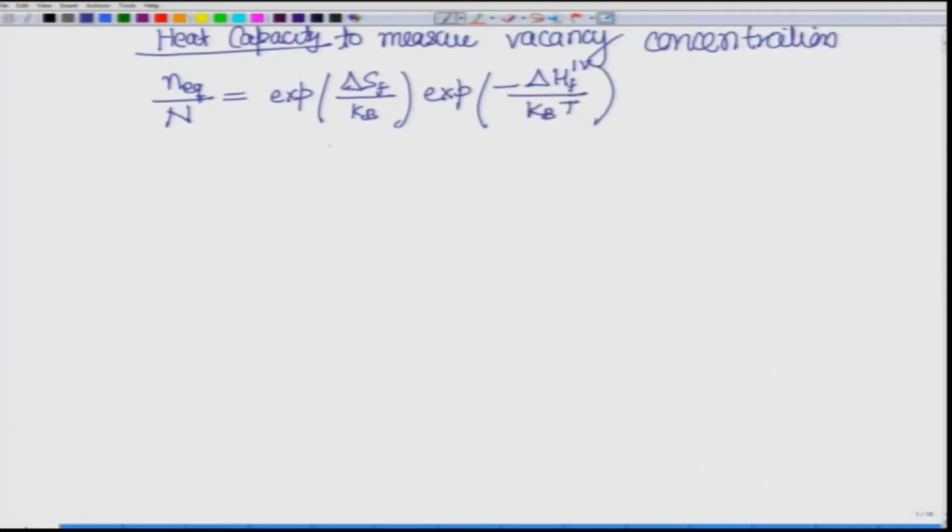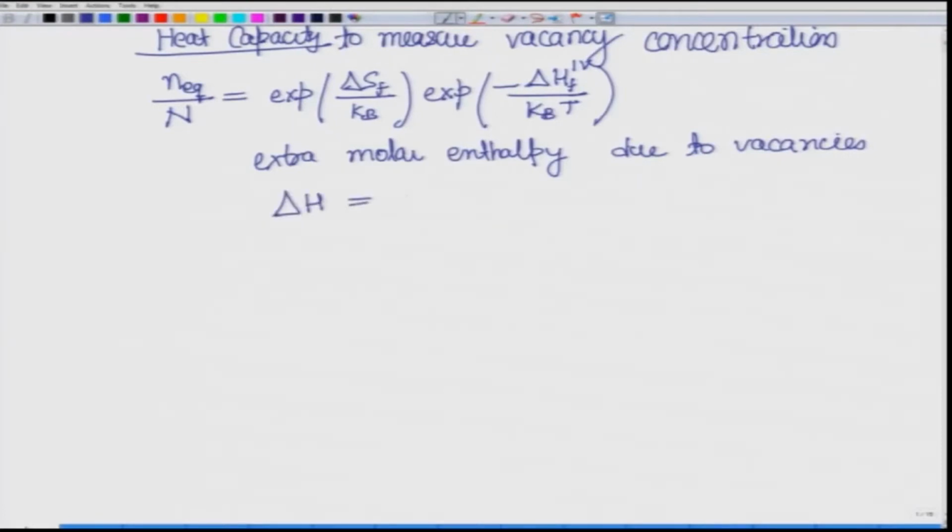Now, the extra molar enthalpy, because of the presence of vacancies, can be written as, if this number is NEQ for the vacancy, then it is NEQ times delta H F1V. This is the extra molar enthalpy.